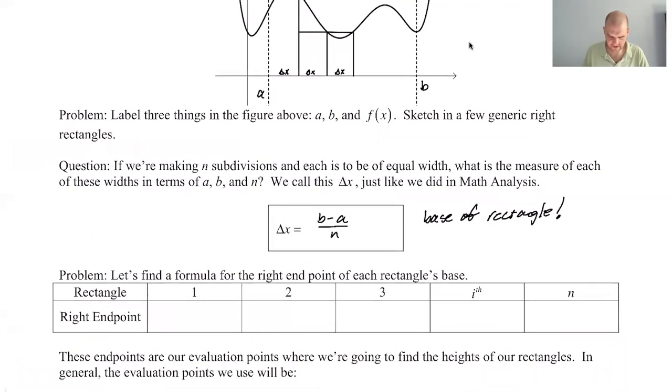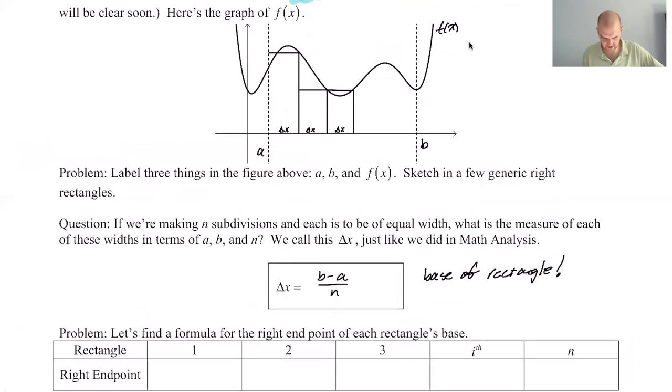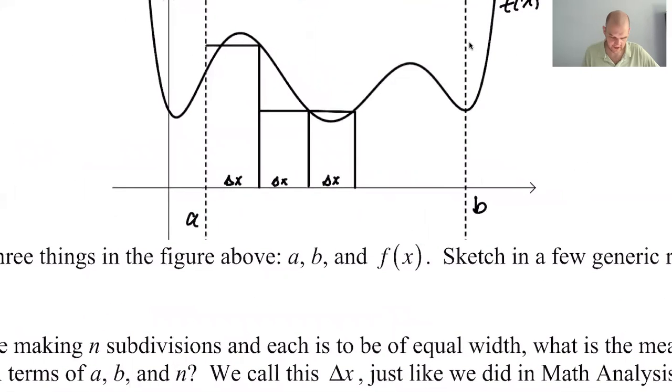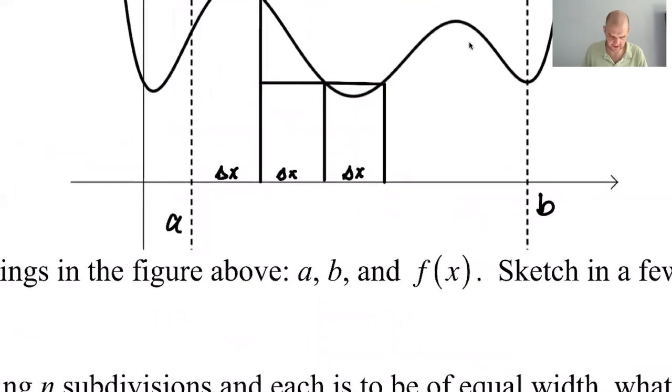Okay, so then we have a bunch of rectangles, and we're doing a right Riemann sum, so we need to know the right endpoint of each subinterval. If I start at a, the first right endpoint is going to be at a plus delta x.